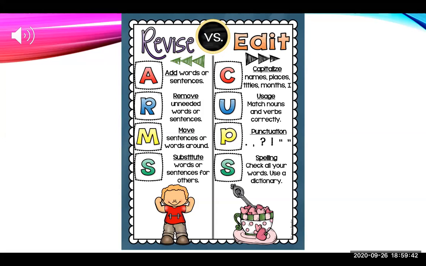And then you're going to edit. C, capitalize names, places, titles, and months, and I. U, usage, which is to match nouns and verbs correctly. P, punctuation: periods, commas, question marks, quotations, or exclamation points. And S, spelling. Check all of your words. Use a dictionary.